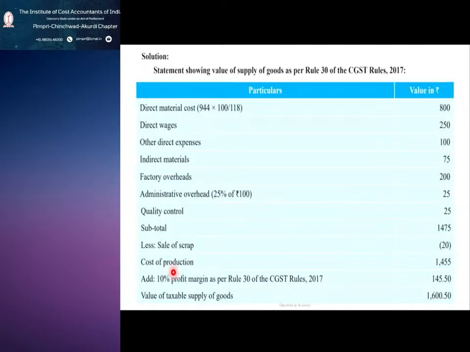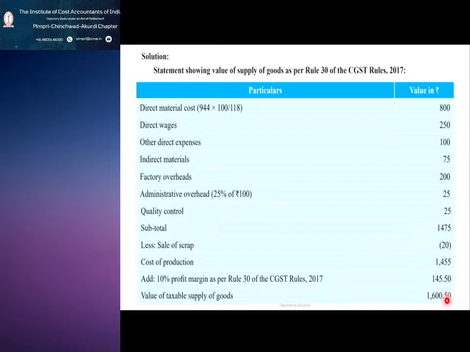The same way you prepare a cost sheet, finally you calculate the cost of production. On this value of cost of production, you need to calculate 110%. So it comes to 145. That 145 needs to be added, and you will get the value of taxable supply of goods. On this value, we have to pay the GST.